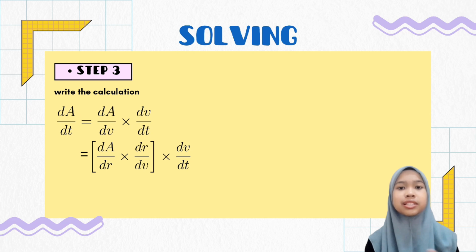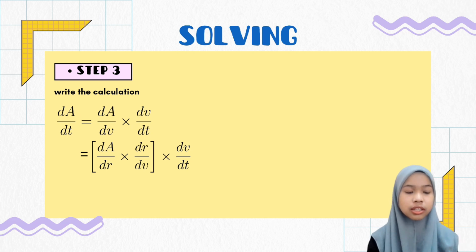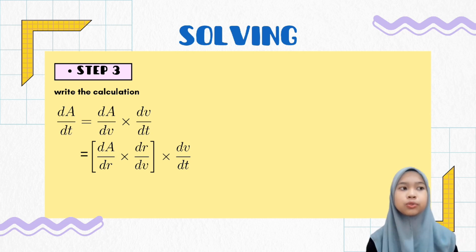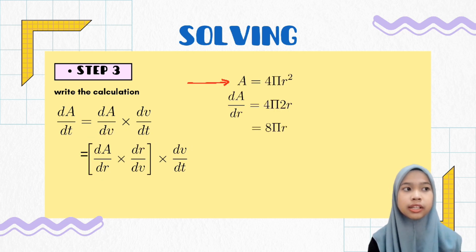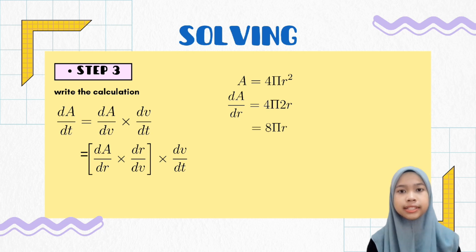Now, we need to assign the values into this equation. How to find dA over dr? To find it, we use the surface area, which is A equals 4 pi r squared, and we differentiate it until we get dA over dr equals 8 pi r. Now, we need to find dr over dV.